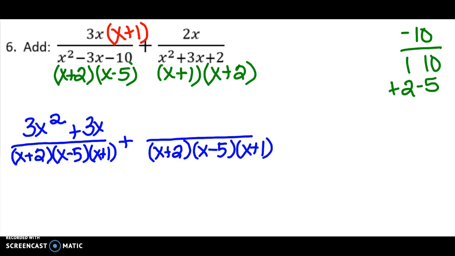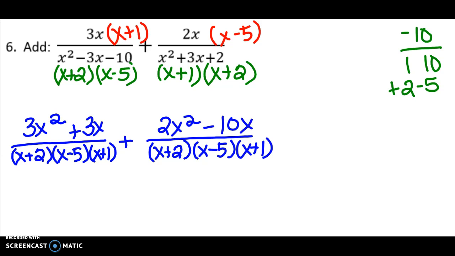So we're going to need to multiply our numerator by x minus 5 in order to change this fraction into having the common denominator. All right, so when we multiply that out, we have 2x times x, which is 2x squared. And we have 2x times negative 5, which is negative 10x.